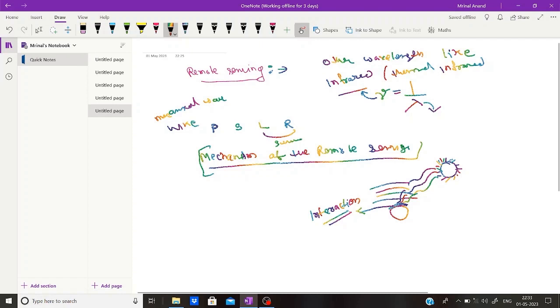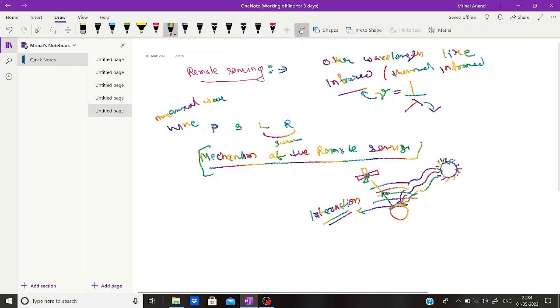After colliding with the surface of the earth, some radiation will be absorbed and some will be reflected back into space where our satellite is present. In this process our satellite will get the image of that surface.